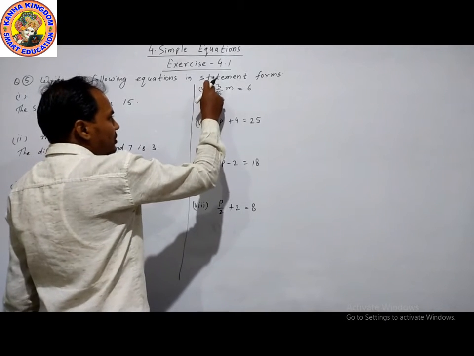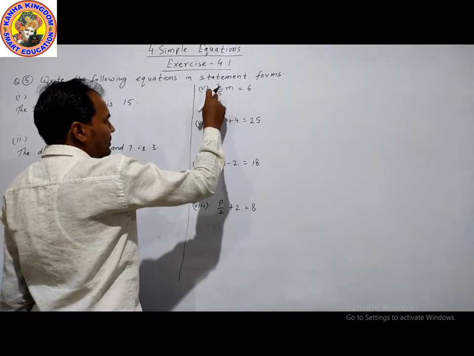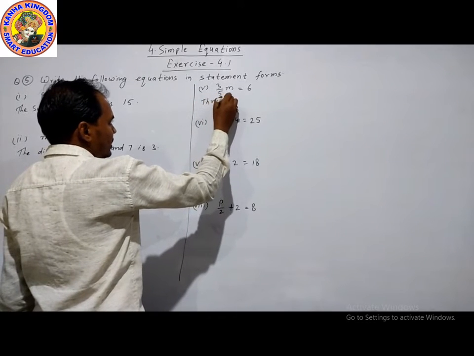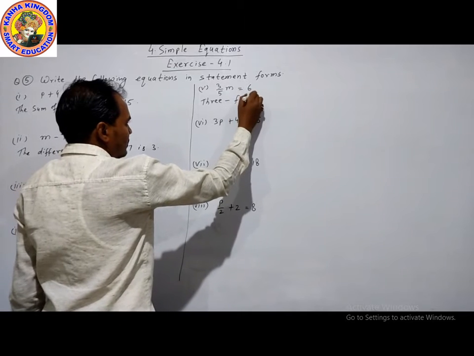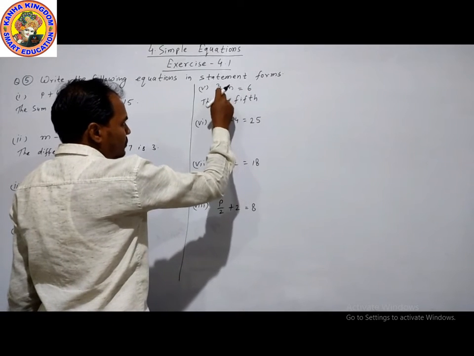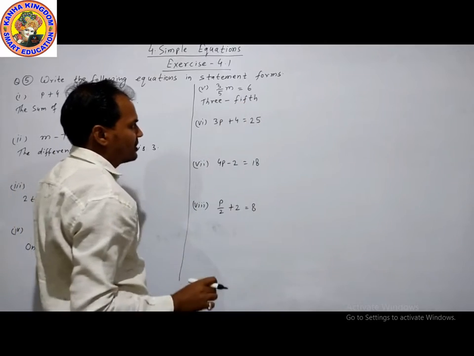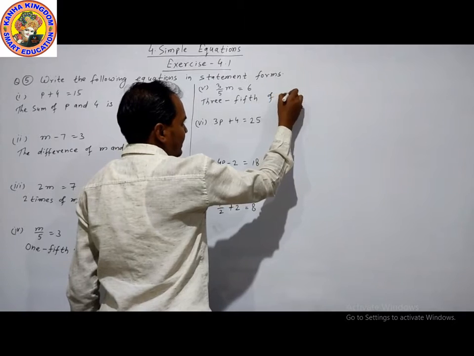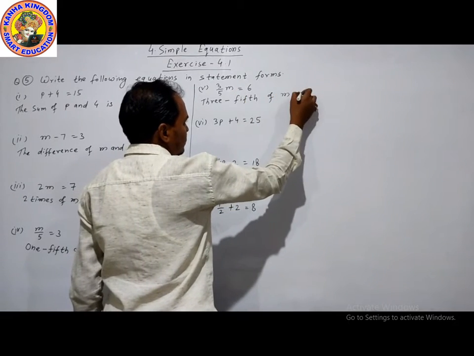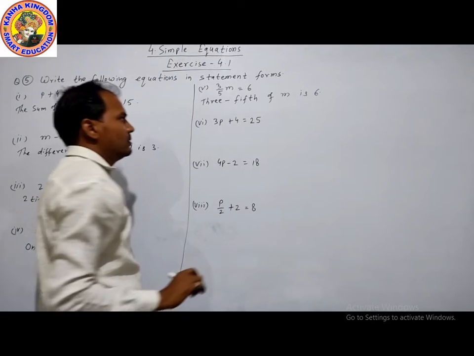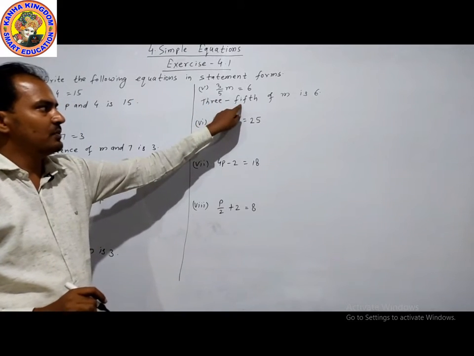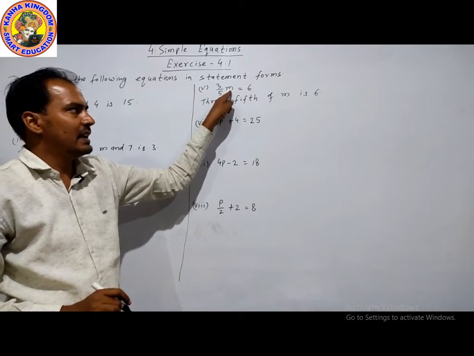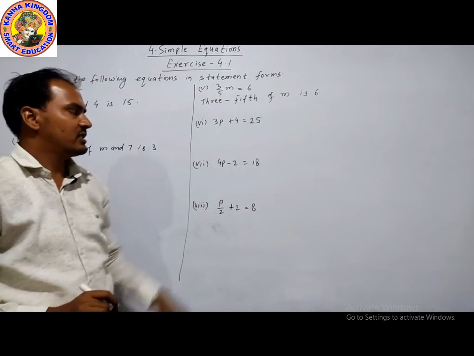Now 3 upon 5, 3/5. 5 is in the denominator, so we use th. 3/5 of which number? m is equal to 6. 3 upon 5 of means multiply m. 3 upon 5 multiply m is equal to 6.